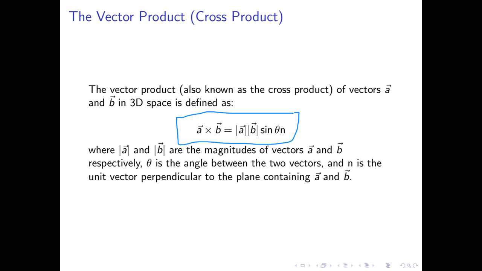Please pay attention. n is the unit vector perpendicular to the plane containing A and B. When you talk about perpendicularity, remember that for perpendicular, we say i dot i is 1, k dot k is 1, j dot j is 1, and then all of that. But for vector product, we're going to be looking at something slightly different. It's a bit cumbersome, but please pay attention.